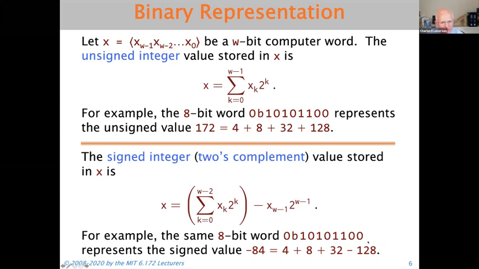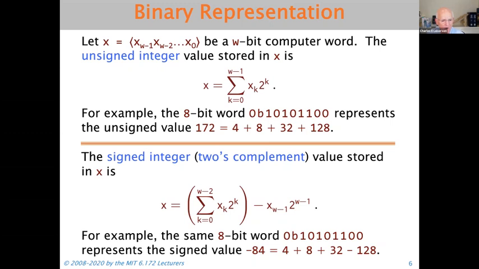Okay? So, for example, if you add 4 plus 8 plus 32, now minus 128, representing 10101100, okay? So there are 4 bits. 3 of them are the normal thing you would use for unsigned representation, but the sign bit, if it's set, subtracts, in this case, 128. Okay, so this represents the value minus 84.